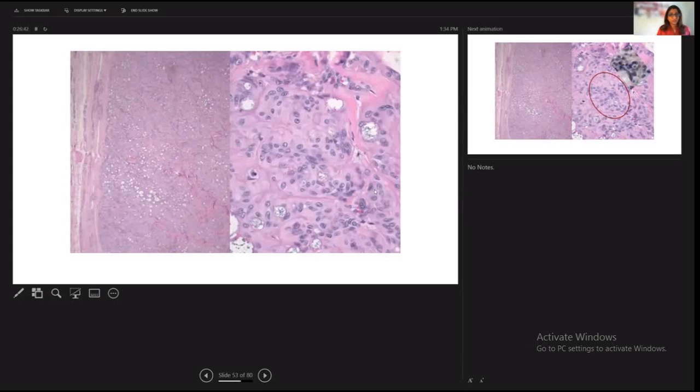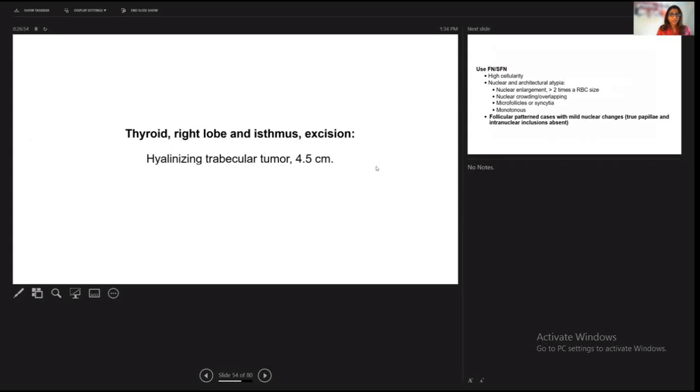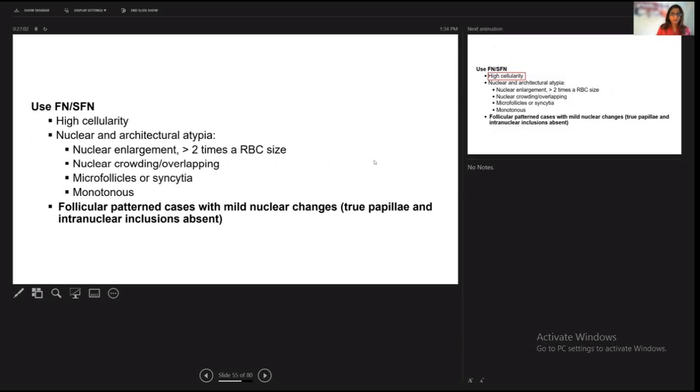And the nodule was resected, and as you can see, there are these type of cells here, again, very angulated looking, grooved, almost looking like papillary, which is very similar to what we saw in our smear. This nodule turned out to be a hyalinizing trabecular tumor. And we thought that was an interesting use for the follicular Bethesda 4 category.